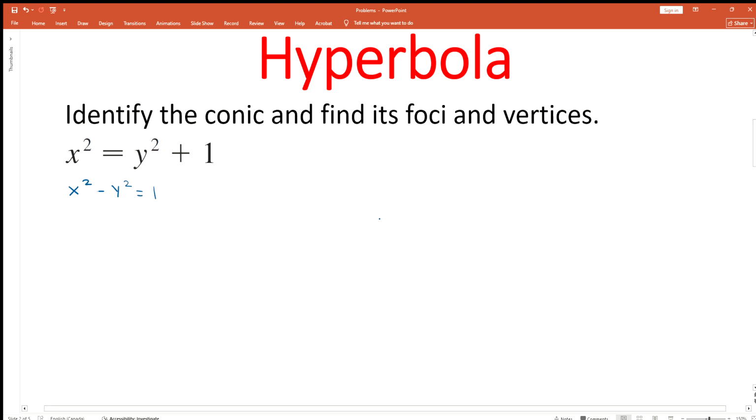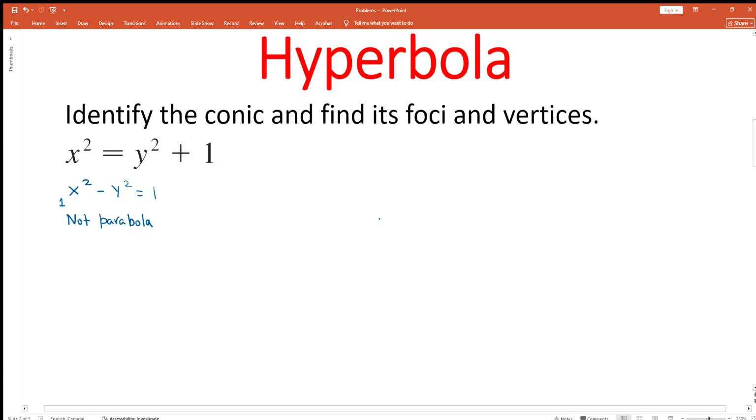In this equation, the square is on both x and y. That means this equation does not represent a parabola. The coefficient of the x squared term is 1. There is an invisible 1 with x squared.